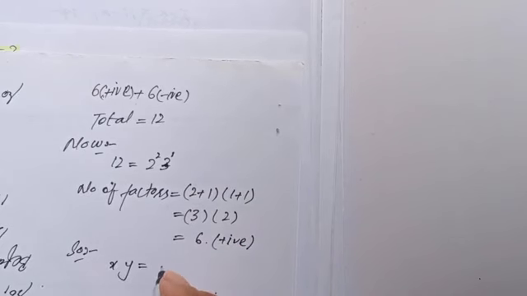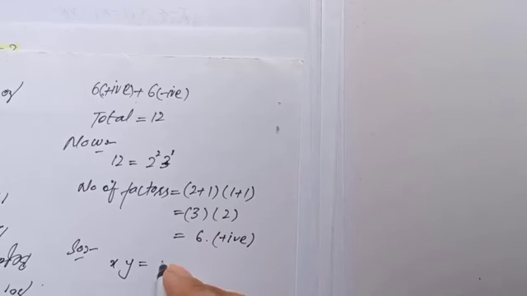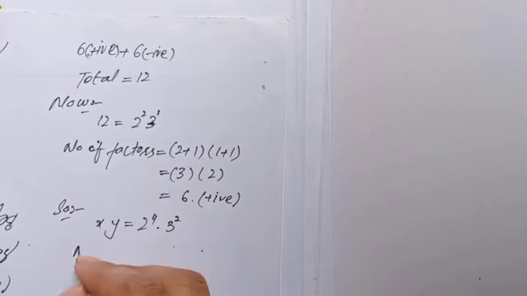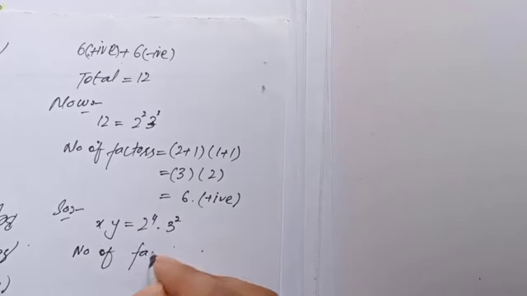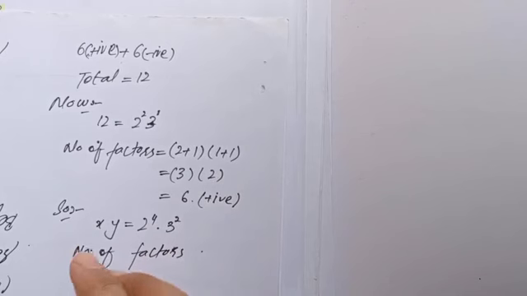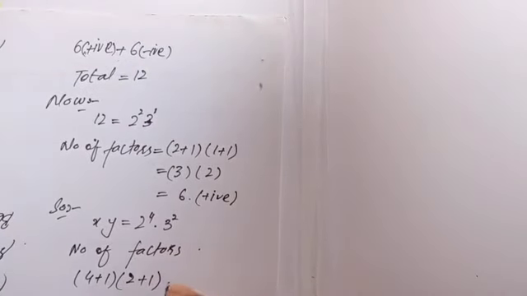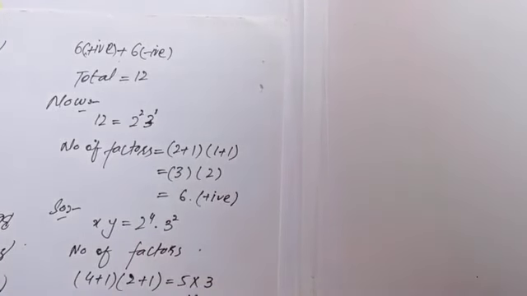Now we are going to consider that xy is equal to 2 raised to power 4 times 3 raised to power 2. The number of factors of this is 4 plus 1 and 2 plus 1. So this will be equal to 5 times 3, that is 15.